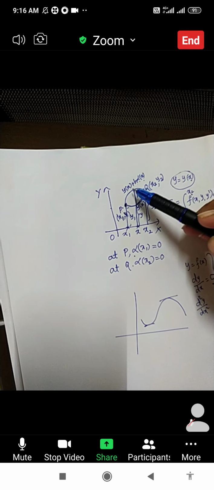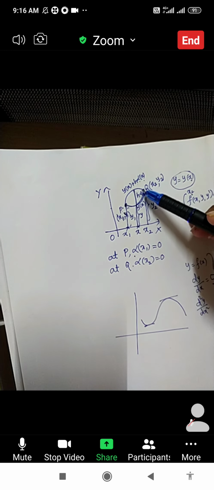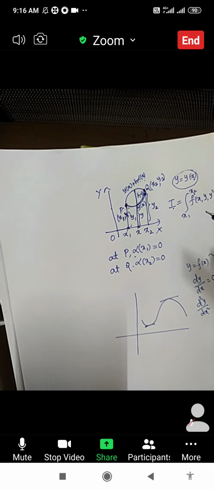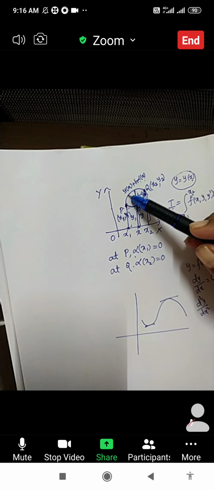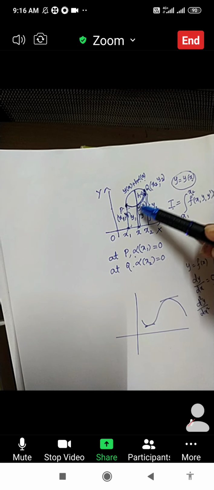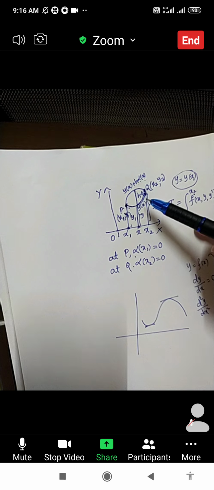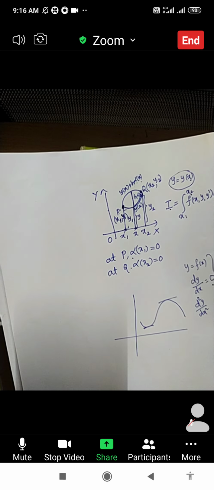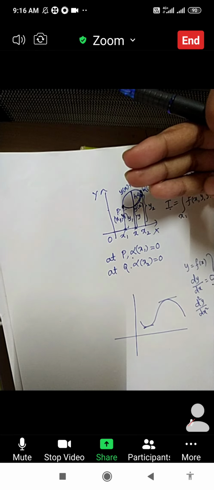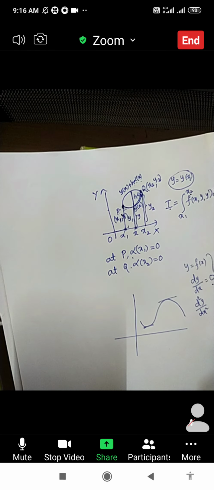Now, I want this neighboring curve to coincide with this, because I want the value to be extremum. So what condition should we have? This above curve should coincide with the below curve.